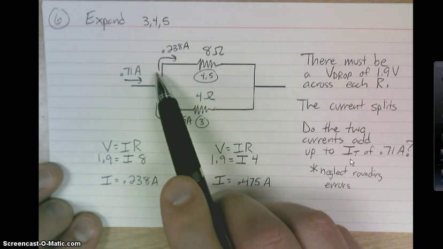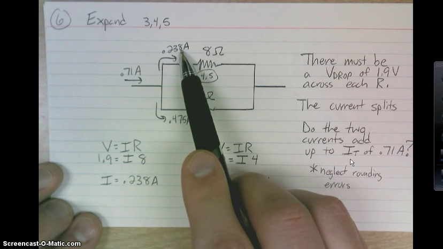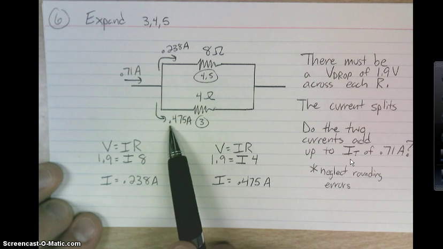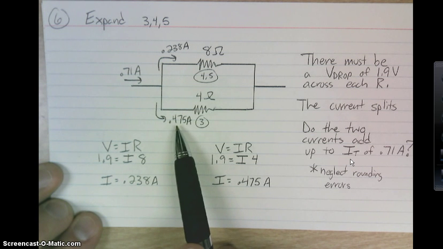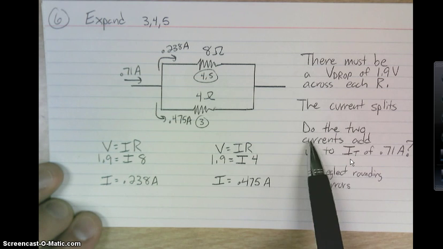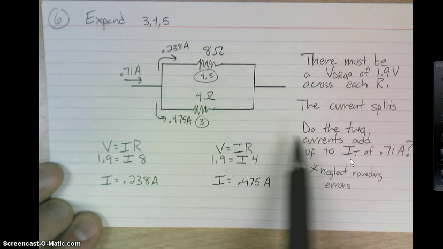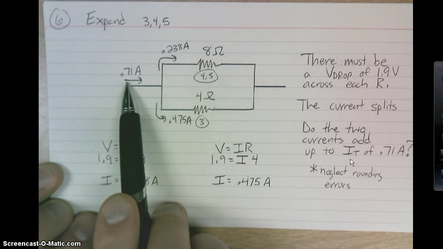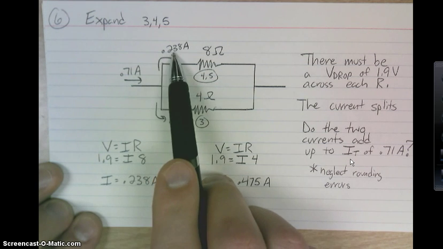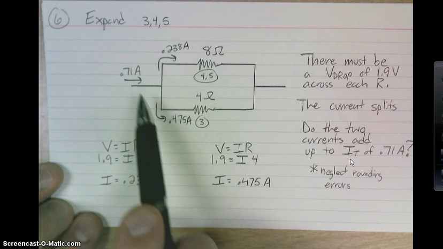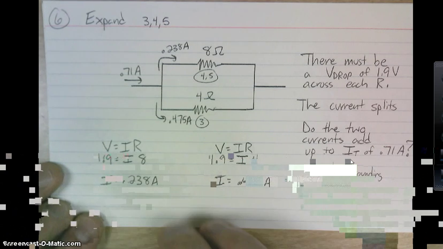So what I get on the top is 0.238 amps, and what I get on the bottom here is 0.475. Now there are some rounding issues, but ideally, when it's all said and done, the total current of those two currents better give me the total amount that came into the junction itself. Which, if I add up 0.238 and 0.475, it's pretty close to 0.71.